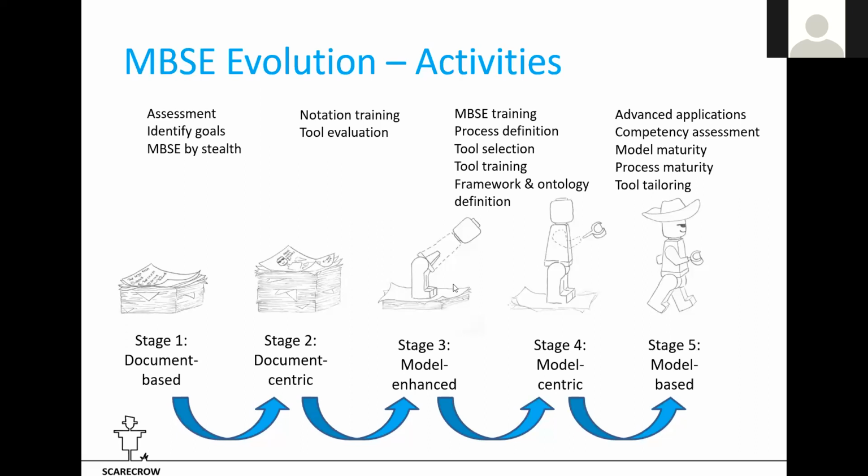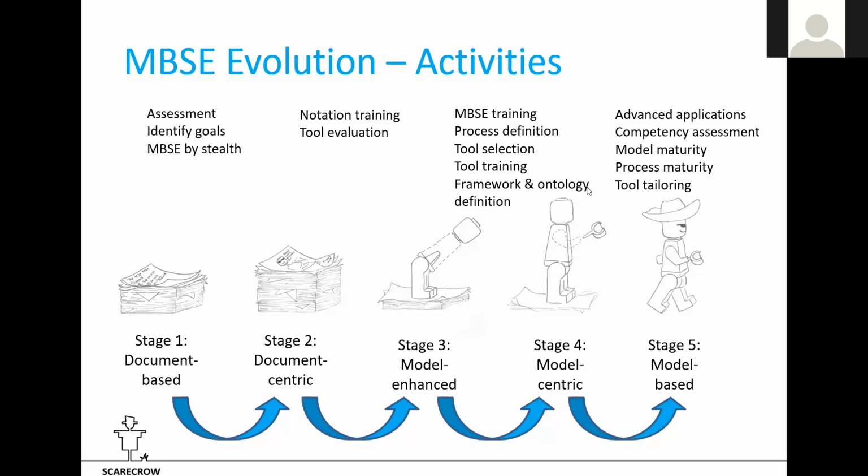Stage 3 is where most of the information is in the model, maybe still some documents, and when we're moving up to stage 4, which for a lot of organizations might be where they'll end their MBSE journey, you're looking now at having staff that are trained in MBSE. You're looking at defining your processes in a model-based way, as John talked about the compliance and the process sections of the MBSE in a slide in a bit.